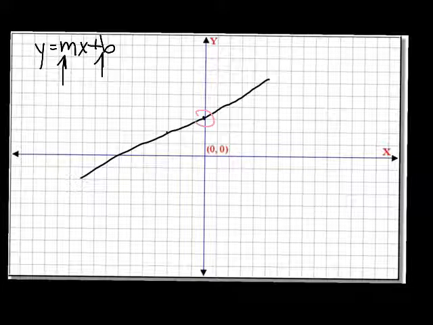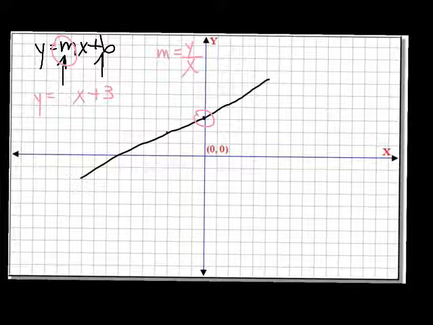Well, the y-intercept is right there, where it crosses the line y. So I know that that b, we're going to replace it with a positive 3, because we cross at positive 3. Then I've got an x, and then I've got a y, so all I'm looking for now is the m. So the m, like I'd said earlier, the m equals y over x.